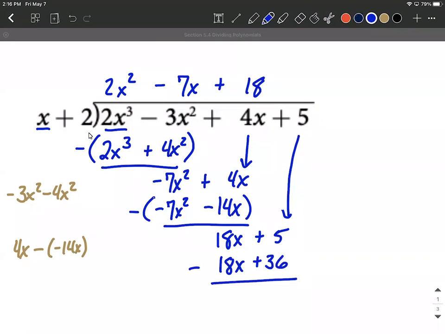And then subtract down, but remember your parentheses. 18x minus 18x is going to be 0x, but then not a bad idea, off to the side, to say to yourself 5 minus 36 is going to be negative 31. So negative 31 goes here at the bottom.